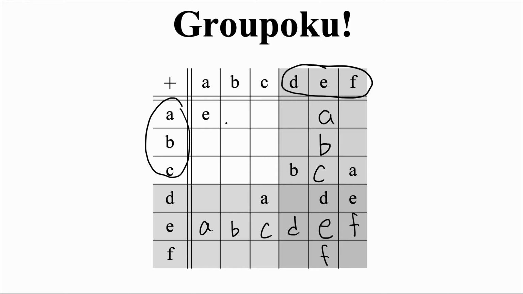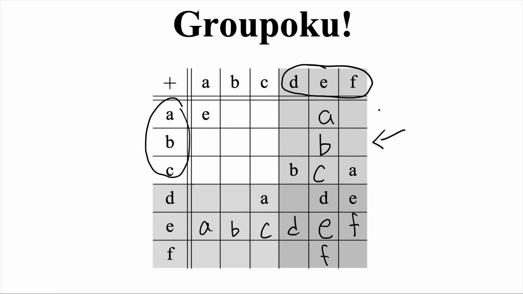So ABC plus DEF, look, the only things we're going to get in this box are A's, B's, and C's. Okay, so we're only going to get A's, B's, and C's in this block right here, and that's going to help us fill it out using one more idea.